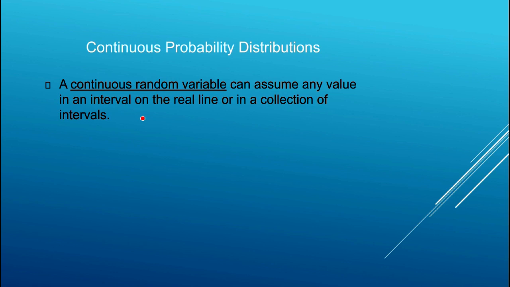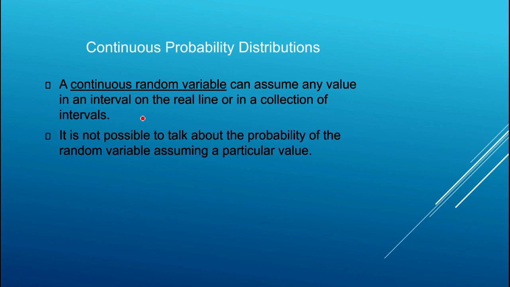Other random variables that are continuous could be the mileage that your automobile gets on the highway. Other examples of continuous random variables could be economic indicators such as a person's income or their level of education.